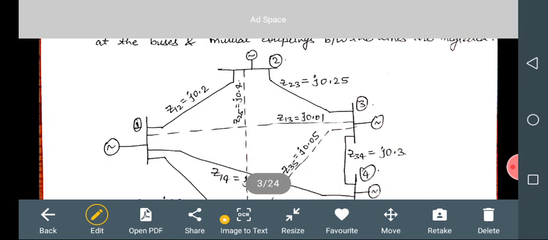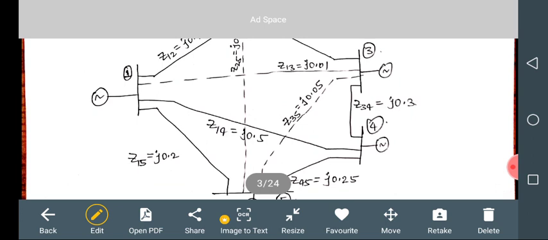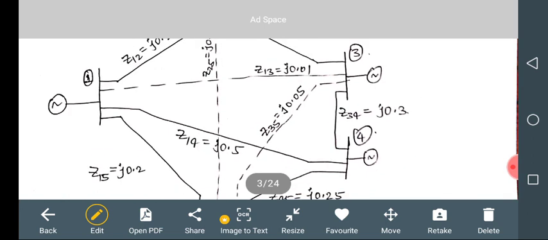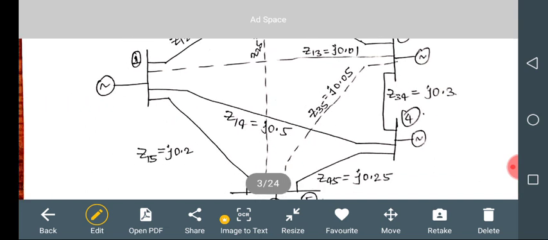So to find out Y23 we will invert it. Similarly, to calculate Y34 we will invert Z34. To calculate Y45 we will invert Z45. To calculate Y15 we will invert Z15.